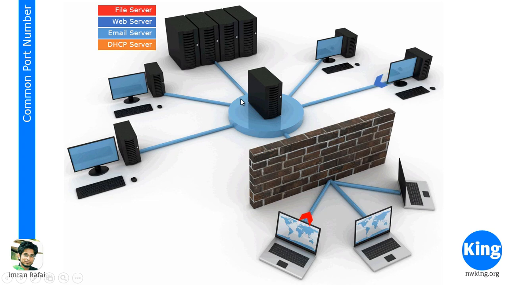If a device communicates with that server, like this red data traffic, which was file server traffic, going to a particular application. How did that server know which application this traffic was supposed to go to? It knows by looking at the destination port number. There are standard port numbers in every transmission.